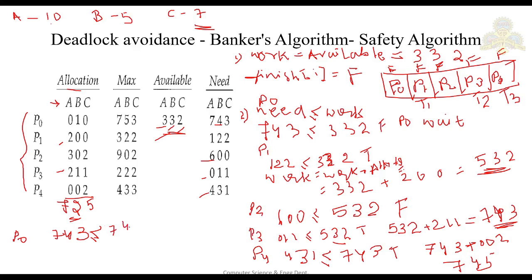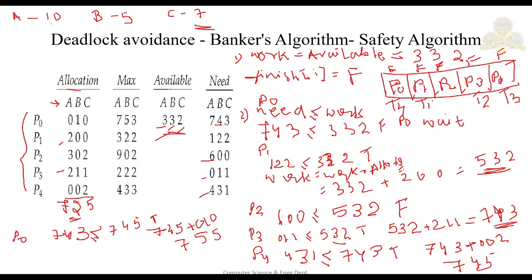So 745, this becomes true. Again you have to calculate the new work value. Work is equal to work plus allocation. So currently work is 745. The allocation of P0, that is this one, 010. Fine. Okay. How much you will get? You will get 7, 5 and 5. Correct? Your P0 has been executed or it terminates from the system.